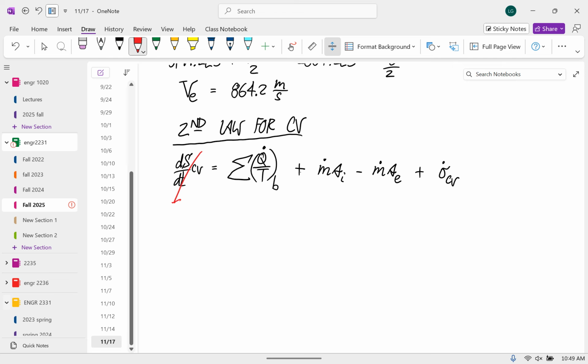Steady state says this one goes away. No heat transfer says this one goes away. So we can write this equation now as, I'll divide everything by m dot, se minus si is equal to sigma dot for the control volume divided by m dot.